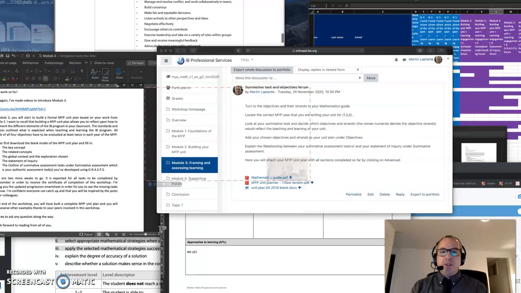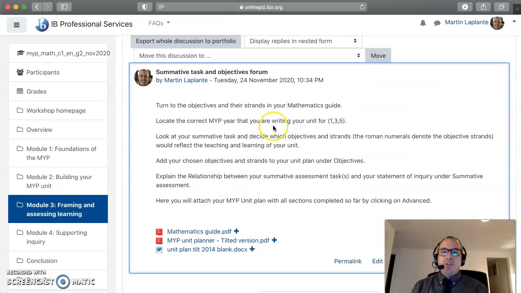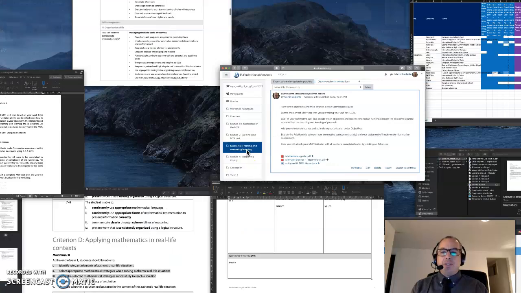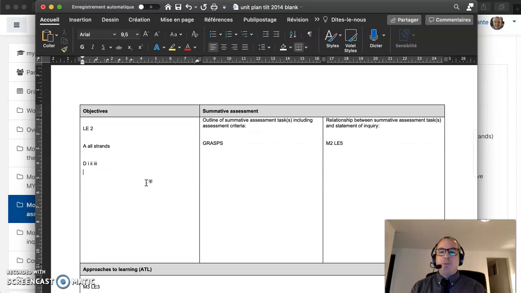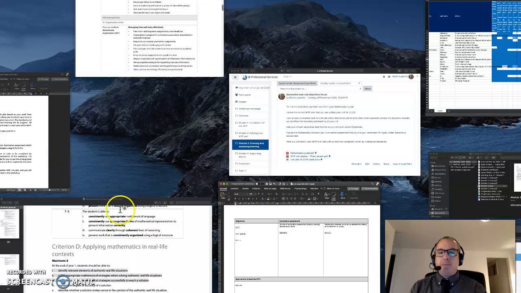So, going back here, the idea on the second one was to find the objectives, remembering that it could be A, let's say all strands for example, but it could be D, I, and I in Roman numeral, but if we don't have all of the strands, then we'll have to write it down somehow. Normally we would just copy paste everything, just for you to have an idea of what I'm expecting here, okay?